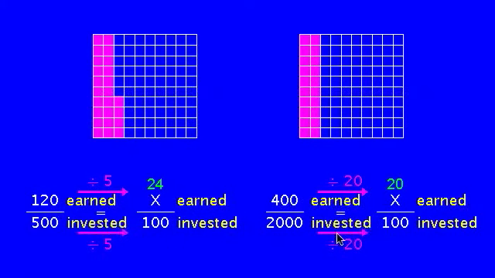Here, dividing top and bottom by 20, you earned $20 for every $100 invested. So here your rate of return was 20%, and here your rate of return was 24%. So this was a better investment.